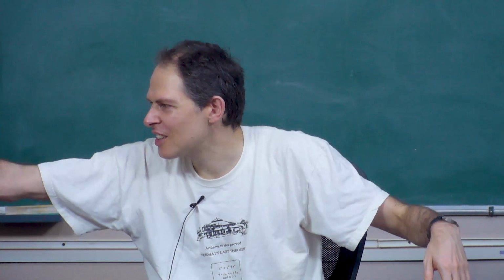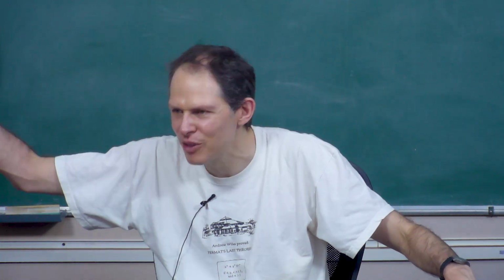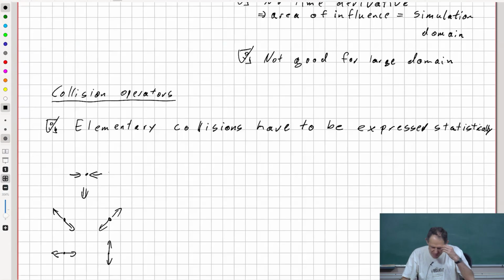But this is also a possibility. I mean, I can drop this glass of water on the floor and it bounces off and comes back with all the water in it. It is one of the many possibilities how this could go. Then, of course, there's not only one collision, but there are all the possible collisions that you can express on a lattice, and they also involve several particles.